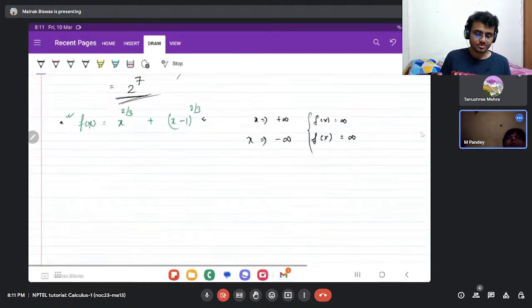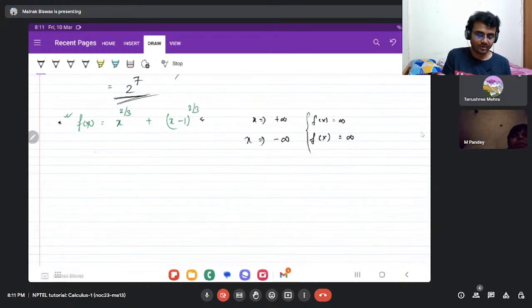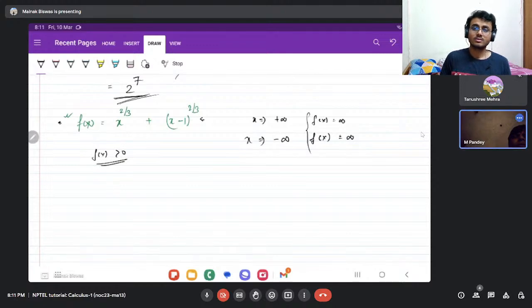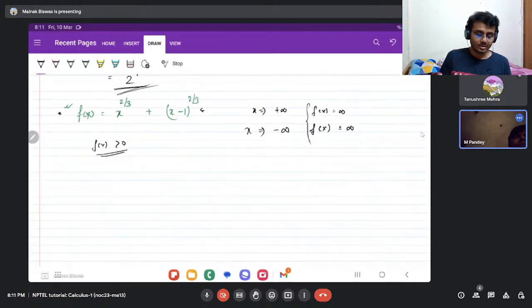So all values are greater than 0, so f of x is greater than 0 always, right? Next, f of 0 is 1.